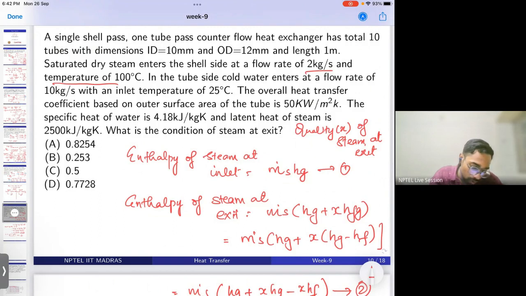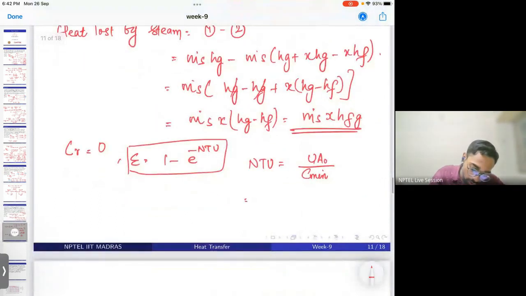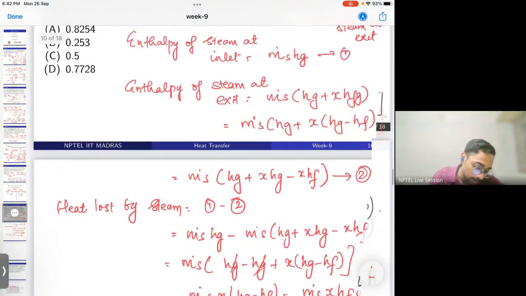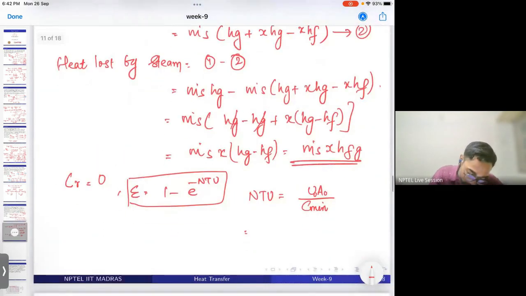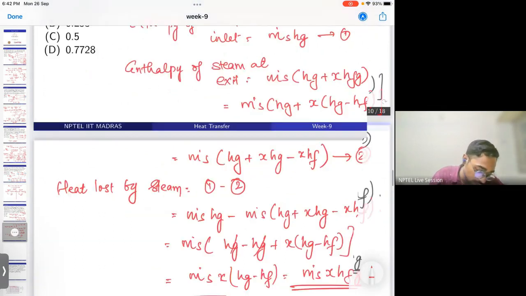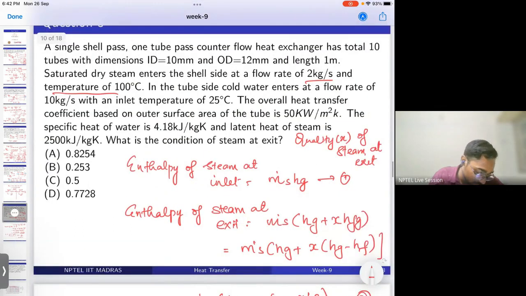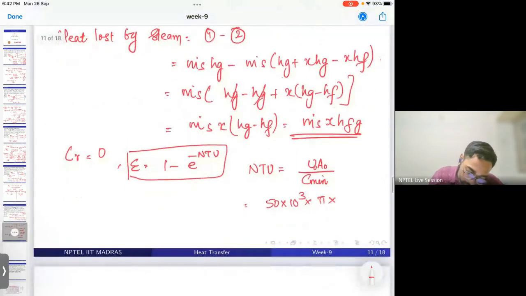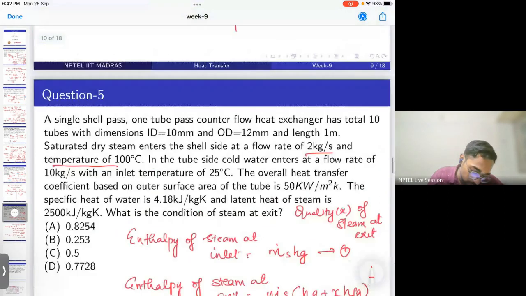Our overall heat transfer coefficient is based on outer surface area. So we need to find out Ao. It is given 50 kilowatts per meter squared Kelvin, times pi into D. The outer diameter of the tube is 12 mm, that is 12 into 10 raised to minus 3, into length of the tube is 1 meter.